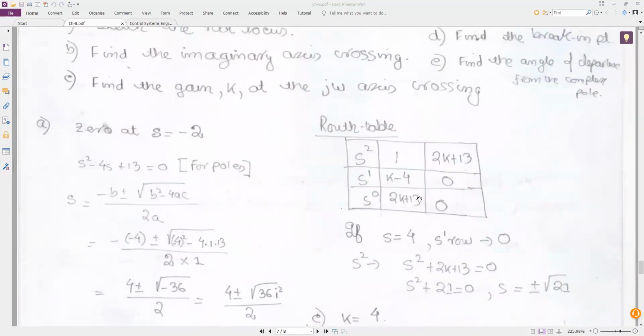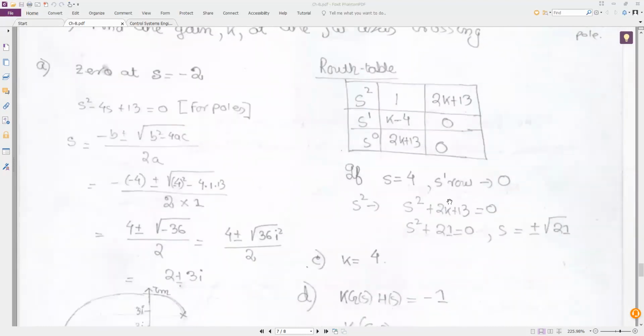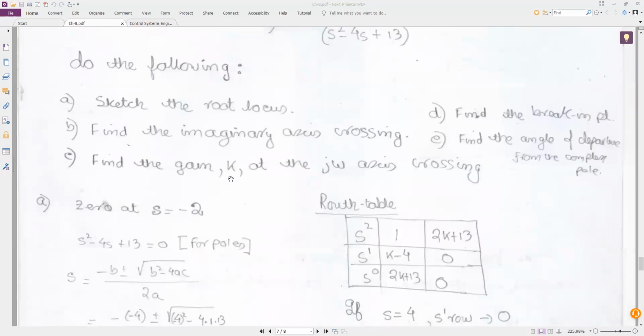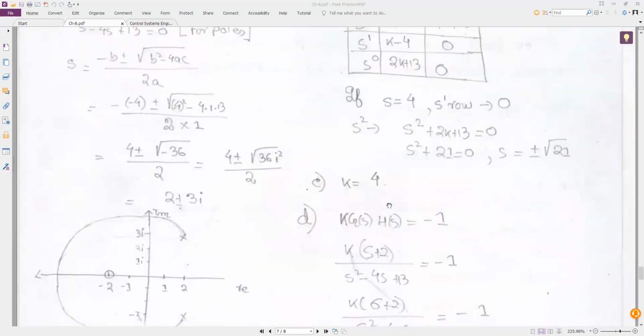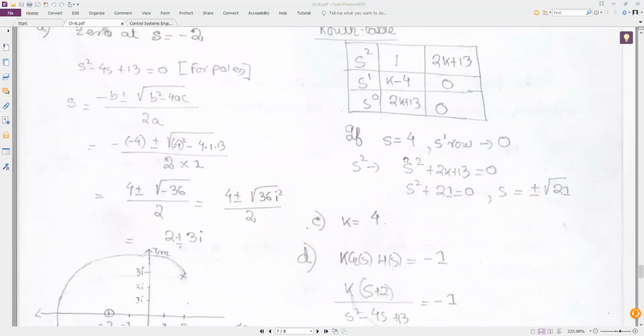Now do the calculation here, and finally get the value of s and the gain K at the imaginary axis crossing. So gain K is equal to 4. If you put 4, then it will be 0.